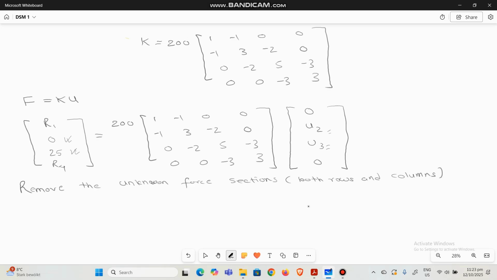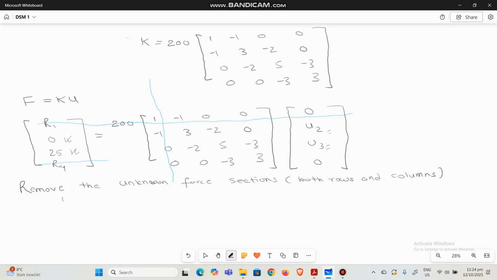This means that you just remove the rows and columns concerned with R1 and R4, because you do not know them. Just remove this whole row. If you remove this first row, you will have to remove the first column as well. Whatever row you cancel, you have to cancel that column as well.